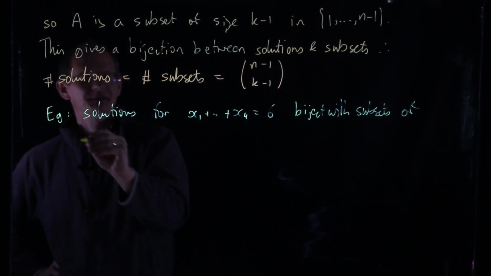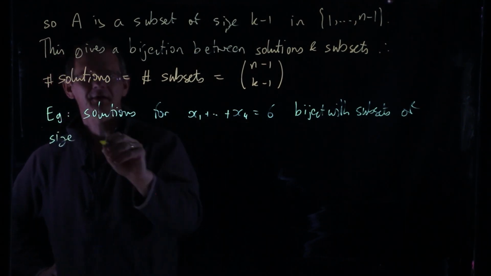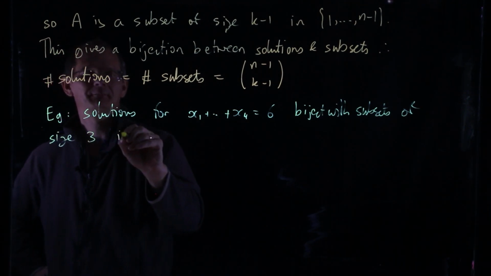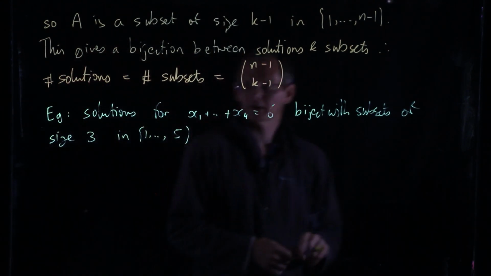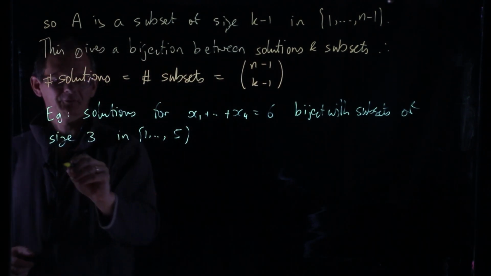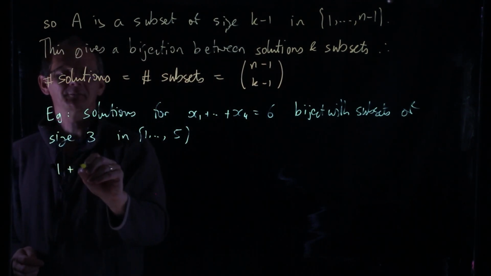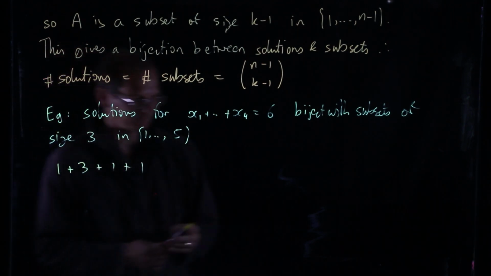Because they biject with subsets of size 1 less than the number of variables, which is 3, in 1 up to 5. As an example, you could have 1 plus 3 plus 1 plus 1.